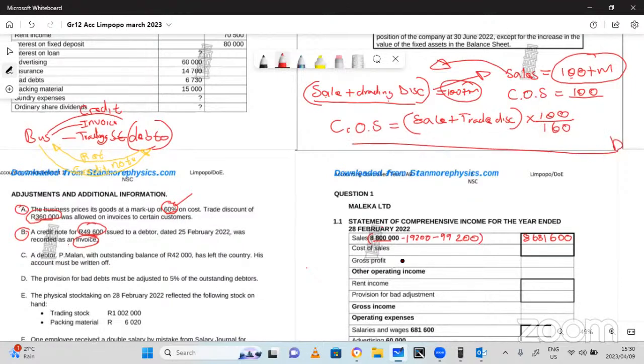So this is the formula that we are going to use. We take the sales plus the trade discount. How much were our sales? It's 8,681,600. Then we add the trade discount, which was 360,000.